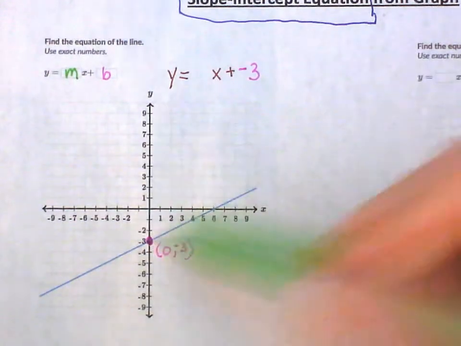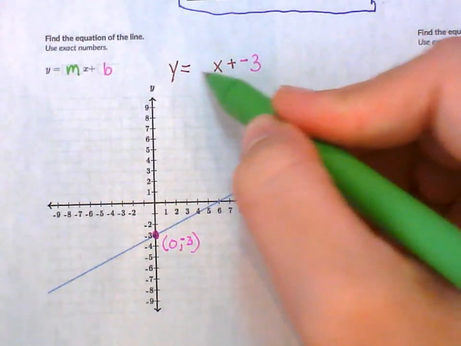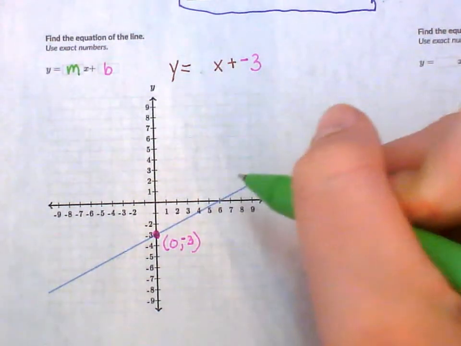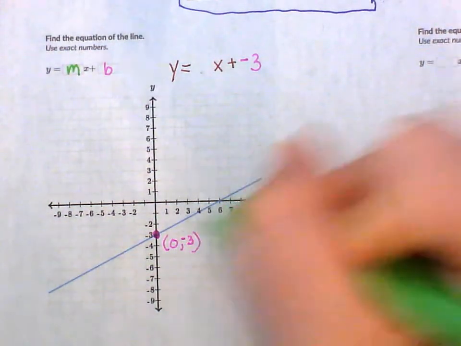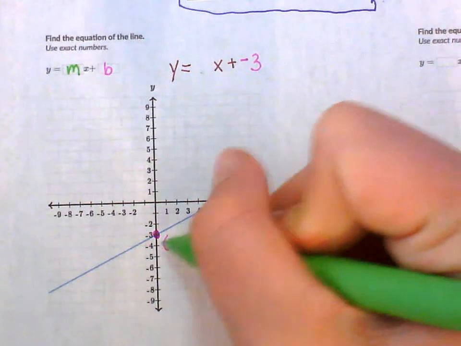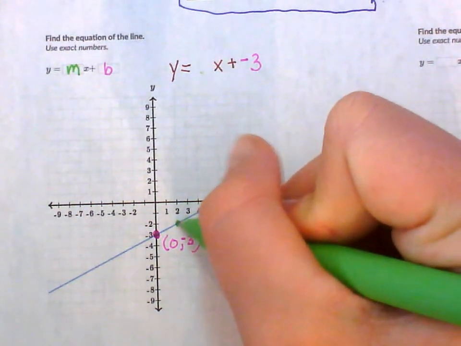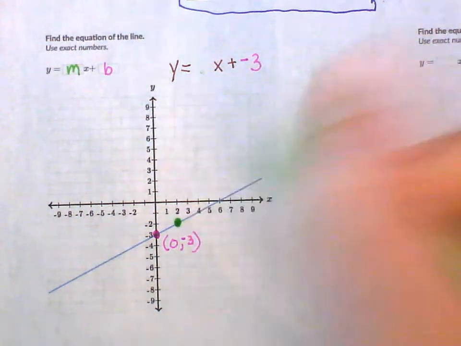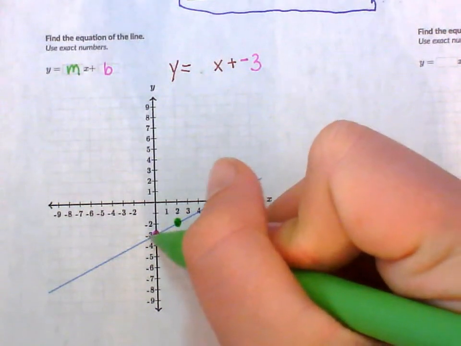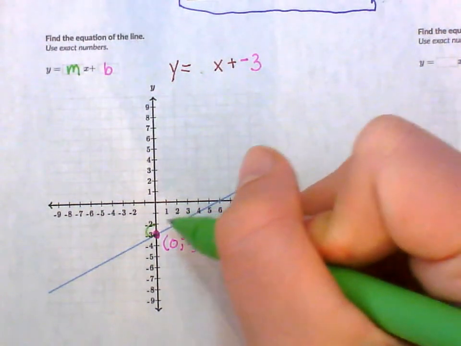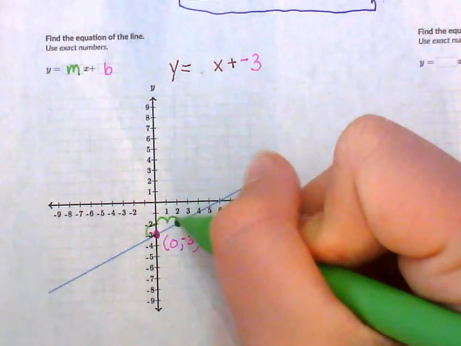-3, that's the y-intercept. So now we need to find what is our slope. What's the steepness? Just find any other point that goes through the grid. Right here does. We went up 1 over 2.